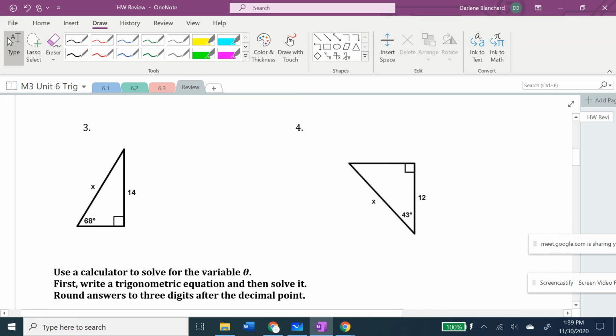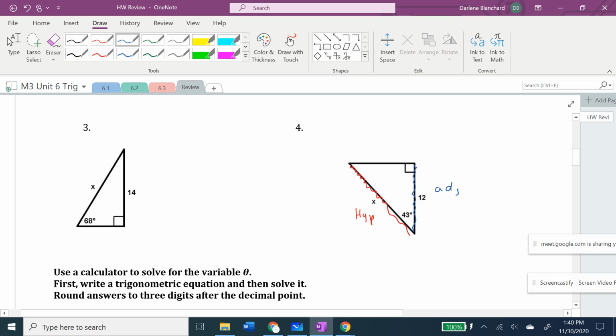Okay. So you want to look at the sides that you're working with. The side X is opposite the 90-degree angle. So that's the hypotenuse. The other side that you're given is the leg that helps to make 43 degrees.